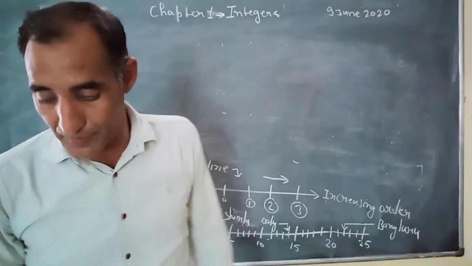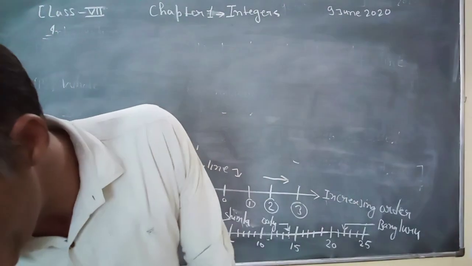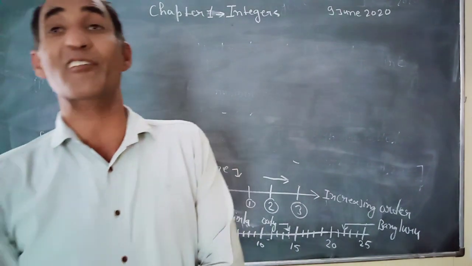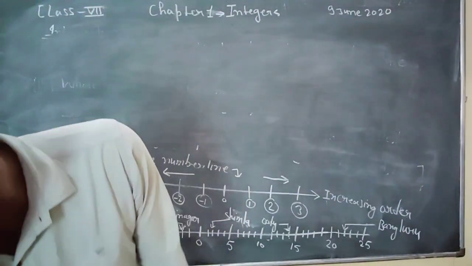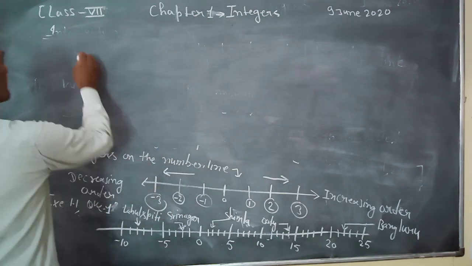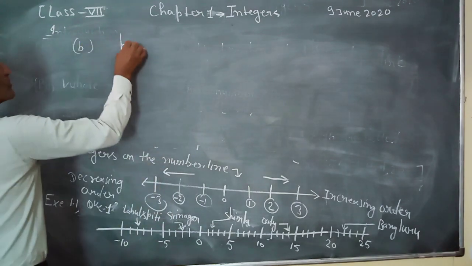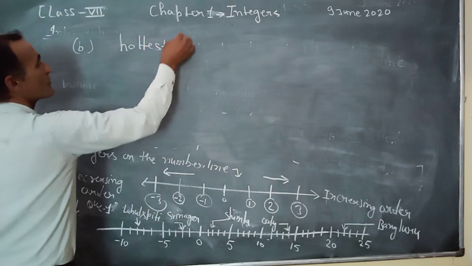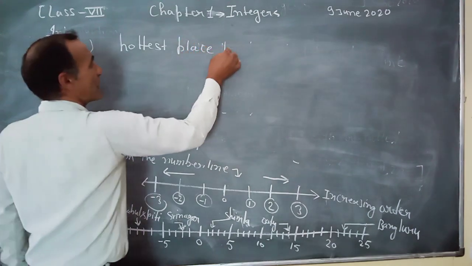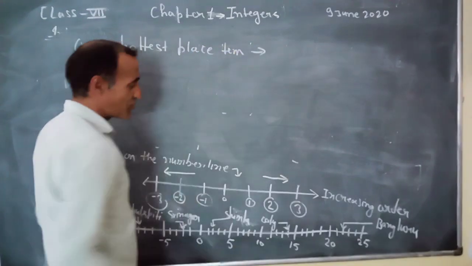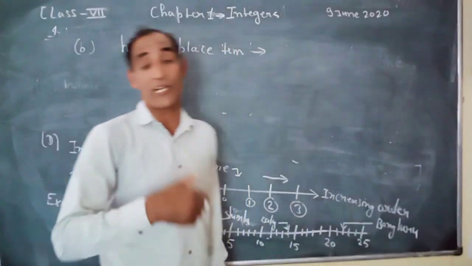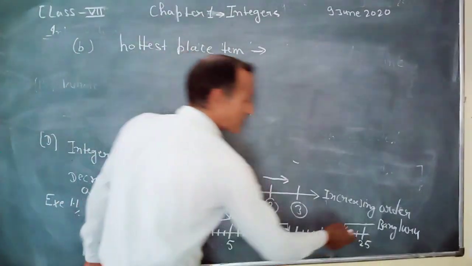Question number 2, B, what is the temperature difference between the hottest and the coldest place? Hottest place temperature. So the hottest place is on the right hand side, the last place name is Bengaluru.